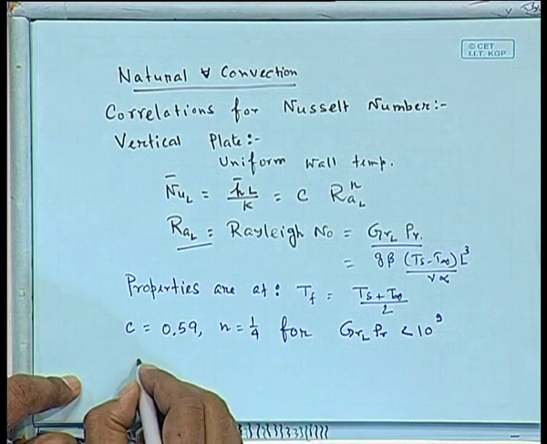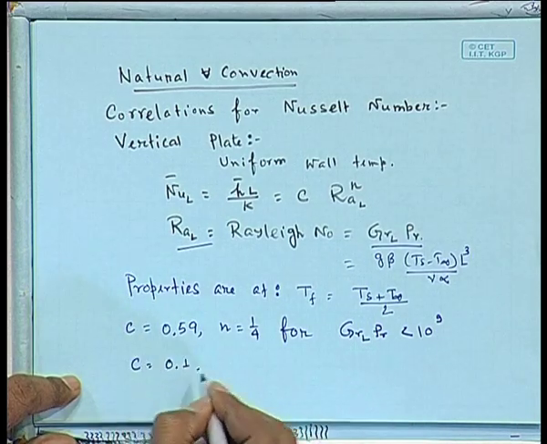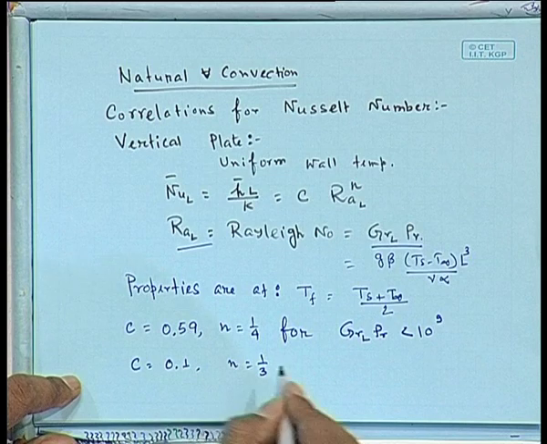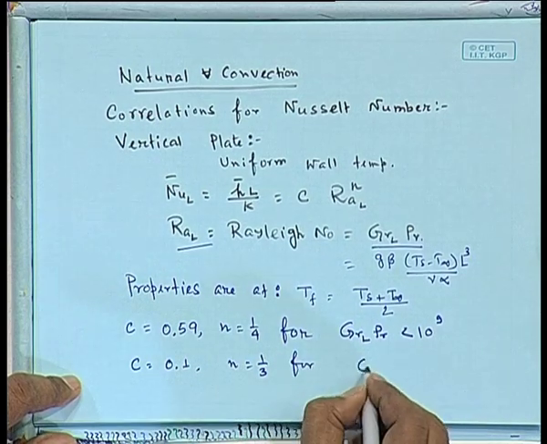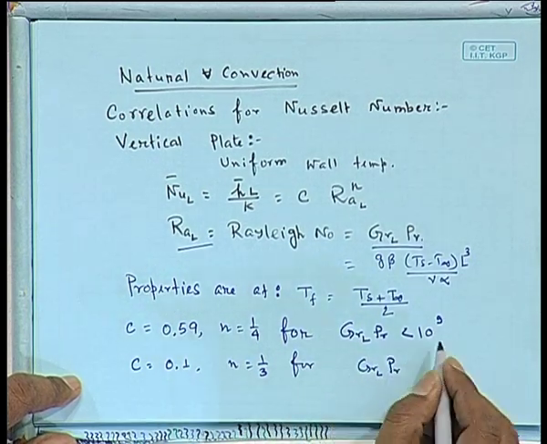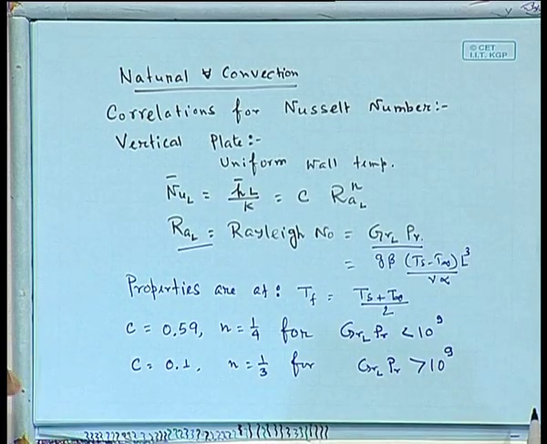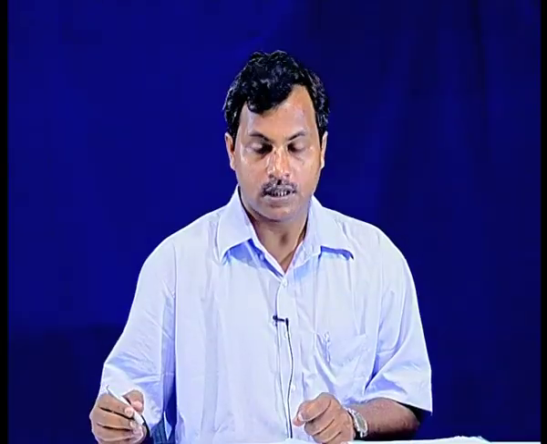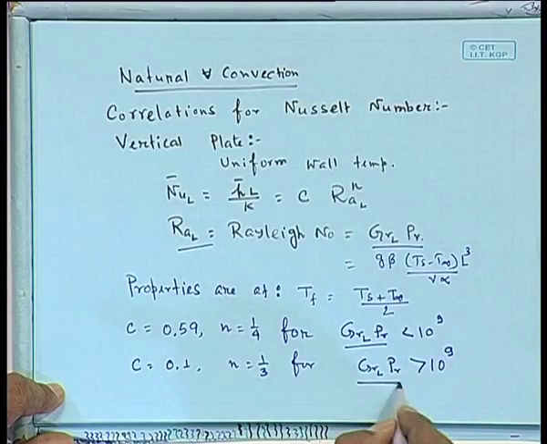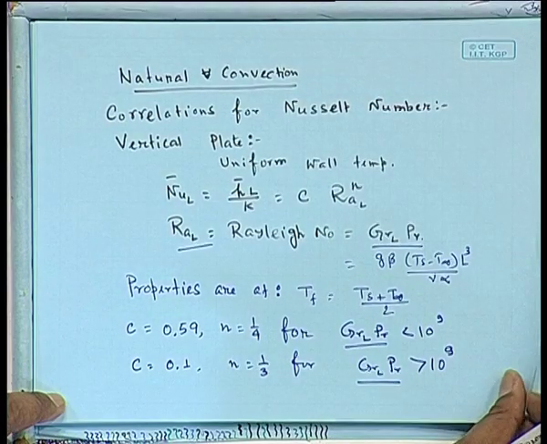C is equal to 0.1, n equal to 1/3 for Grashof times Prandtl greater than 10 to the power 9. So, there are various correlations available for estimation of the average heat transfer coefficient depending on the range of the Rayleigh number that you can have.